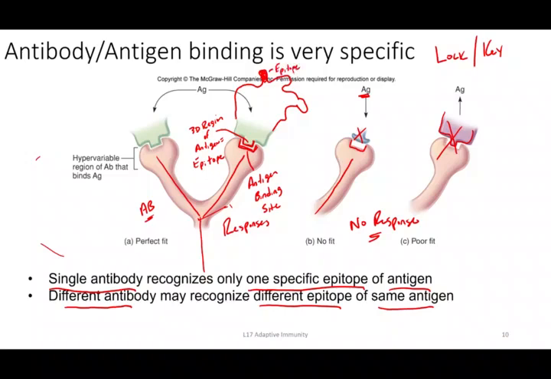So it may very well be possible that we could generate an antibody that recognizes this epitope of the same antigen. Okay. So our immune system is recognizing antigens, but it's really at the level of these three-dimensional binding sites that are called epitopes. It also might be possible that we can generate an antibody that recognizes this epitope of this antigen, but this antibody isn't capable of doing it.